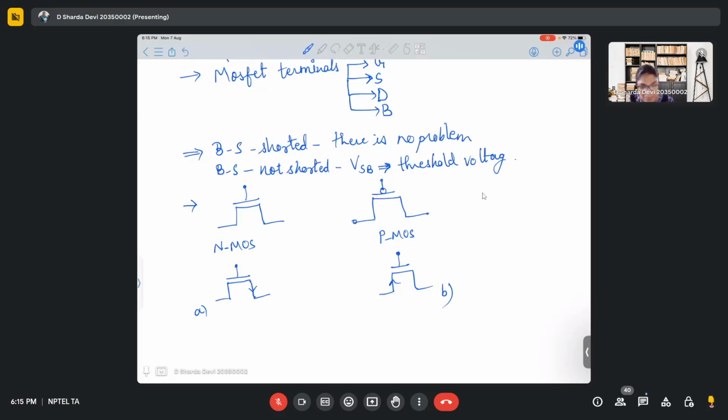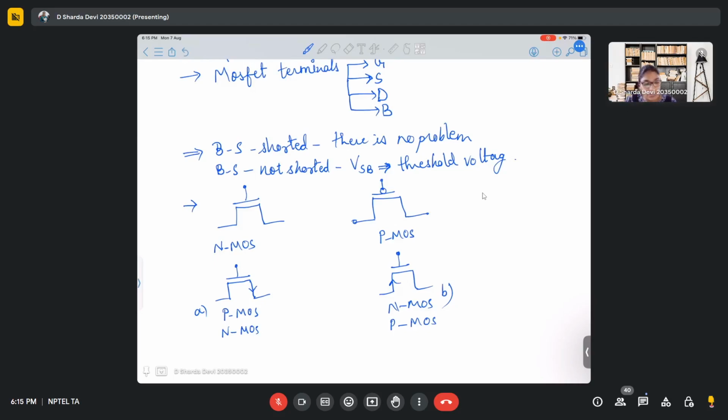So you're saying A is PMOS and B is NMOS. Yes, ma'am. Okay. So all of you, do you agree with this? The opposite. Okay. So somebody says that this is PMOS and the other one is NMOS.